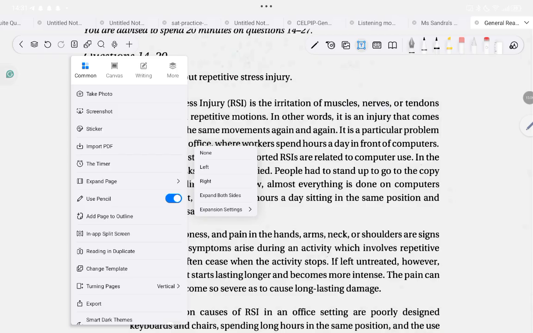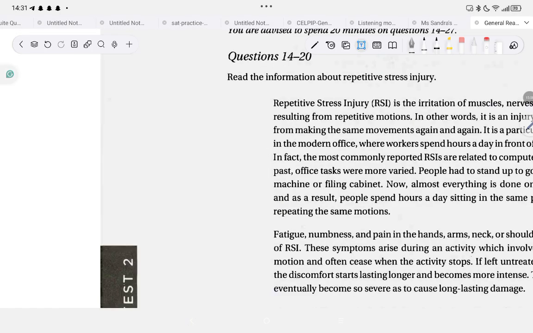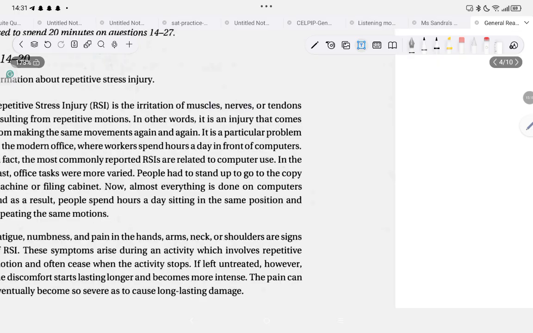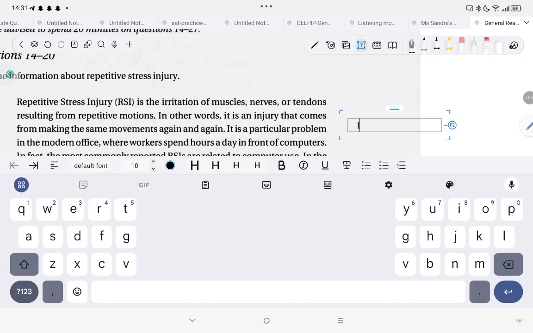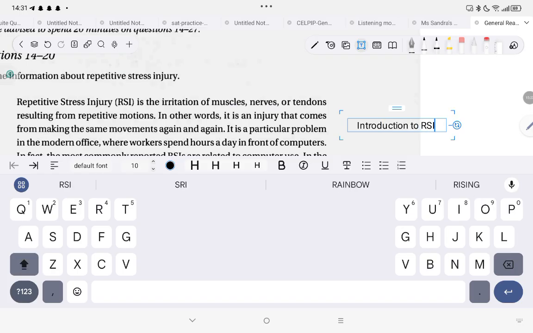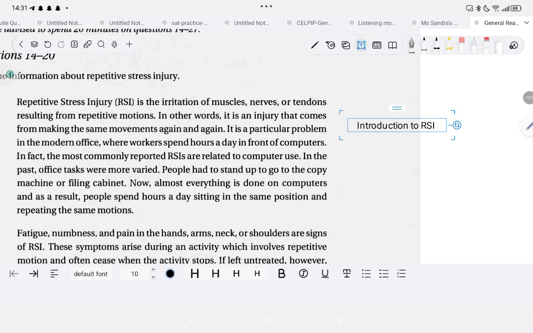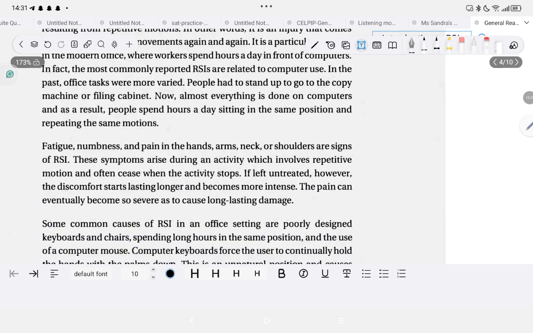Expand page. Expand both sides. All right, so that's better. So the main idea here will be introduction to RSI. Right. Now let's go to the next paragraph.